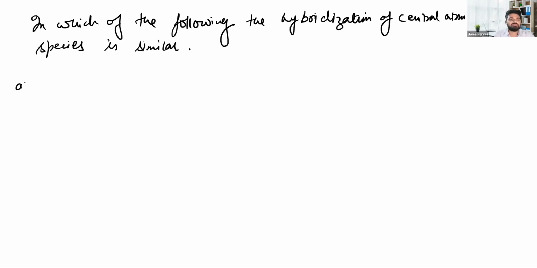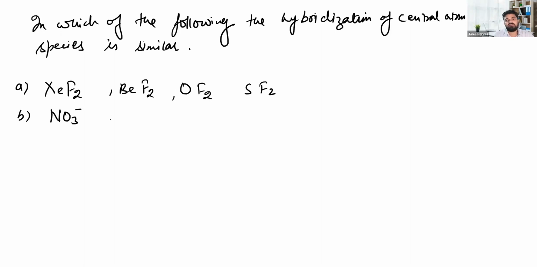So if we have the first option as XeF2, BeF2, OF2, SF2. The second option is nitrate ion, NH2 minus 1, CO3 minus 2, and SO3 minus 2.